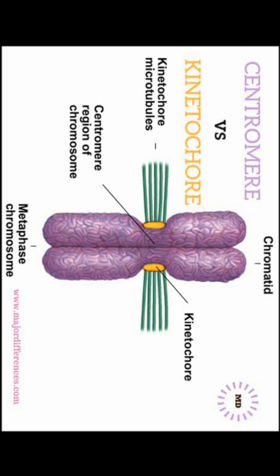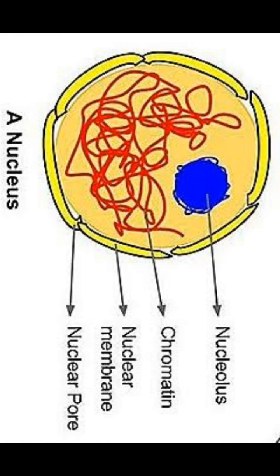Indistinct means not clearly visible, the opposite of distinct. This network of nucleoprotein fibers is called chromatin, which I showed you in this diagram. Once again you see it, they are in red color.